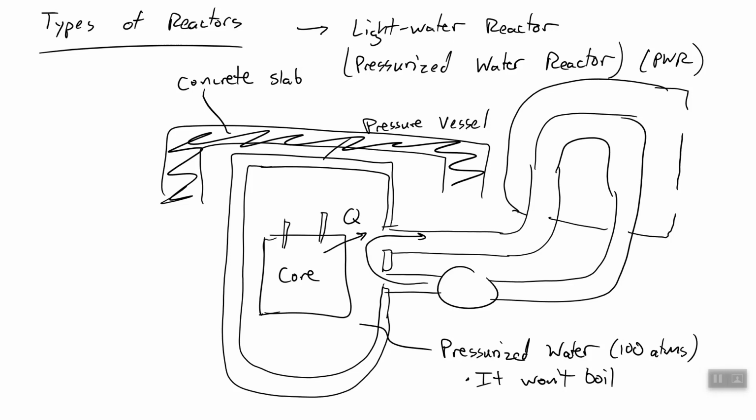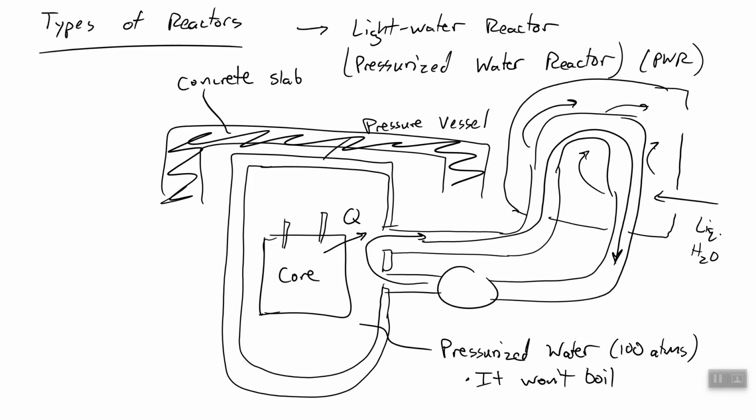We need a significant Q. We will get a very, very good rate of heat transfer if we have a lot of water, not steam, moving through this system. So that water goes through this cycle, and then here we have liquid water coming in, and that liquid water exchanges heat with the working fluid, also water, of our reactor, and then it leaves as steam, and this goes to the Rankine cycle.